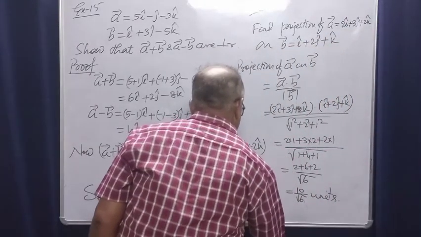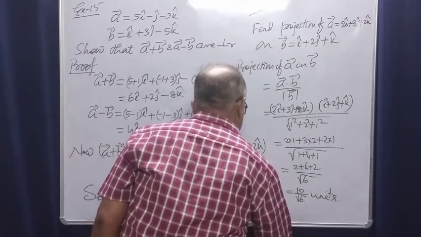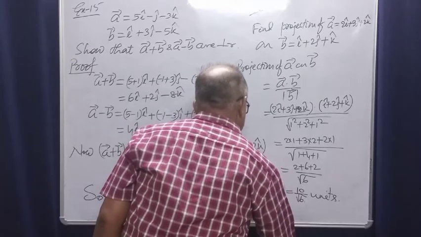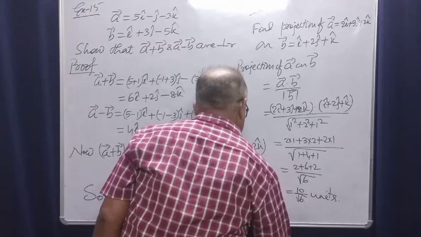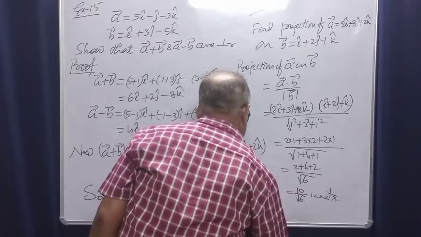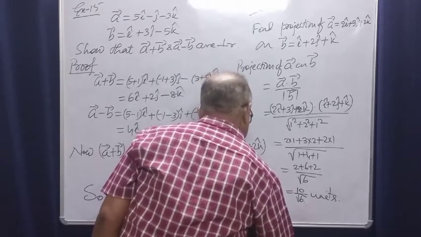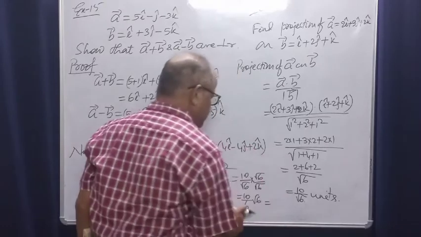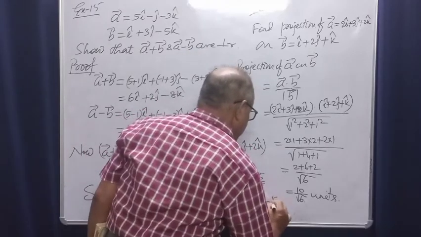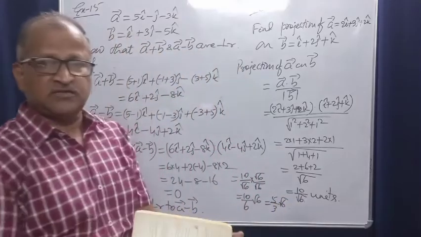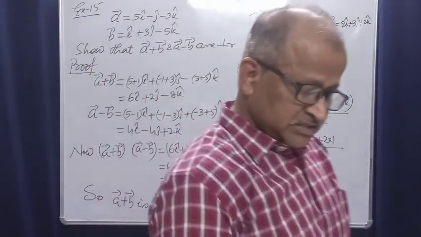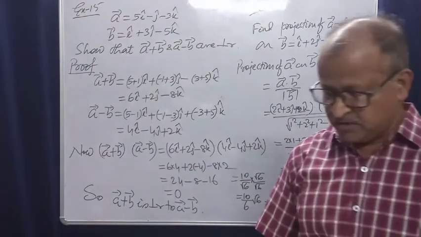This is 10 by root 6 into root 6 by root 6. That is 10 by 6 into root 6. 10 by 6 is divisible by 2, so it is 5 by 3 root 6. This much. Right. So this is the scalar projection of a vector on another vector.